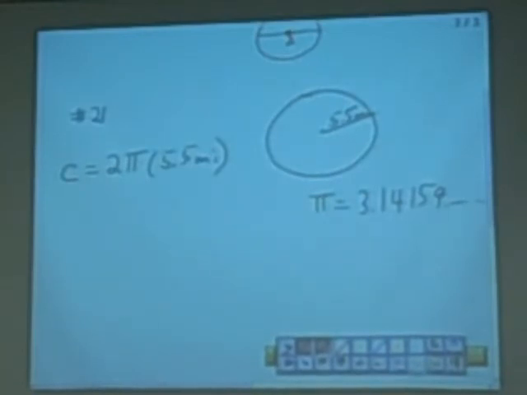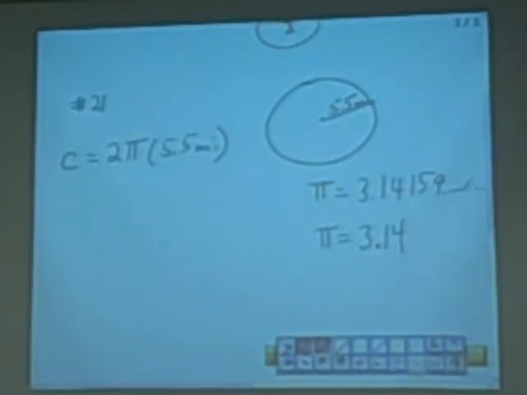But we're going to round pi off to 3.14. That's the most well-known number for pi. But just keep in mind that on your calculator, pi will give you a different answer than if you actually round that number off.